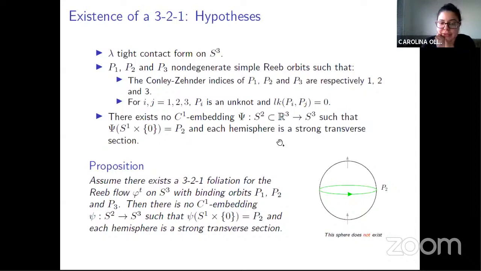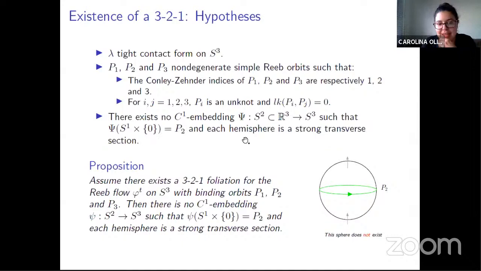Sorry, I forgot to mention that. Actually, I'm asking for the non-existence of a strong transverse section, which is stronger than being transverse. But I don't have time to explain exactly. You can think of it as being just transverse, okay?